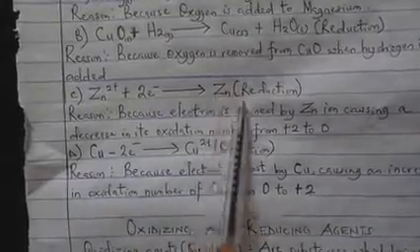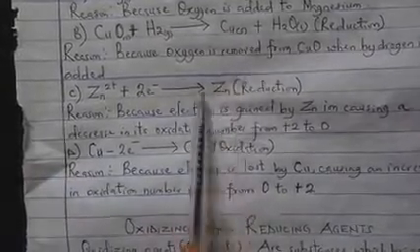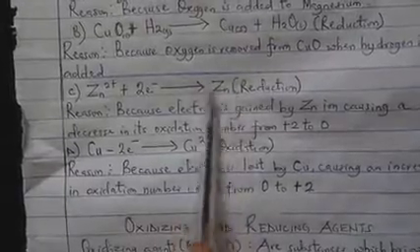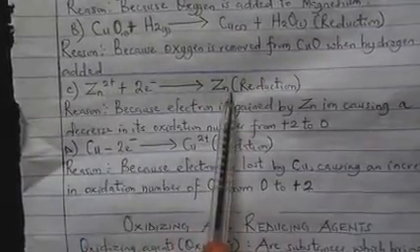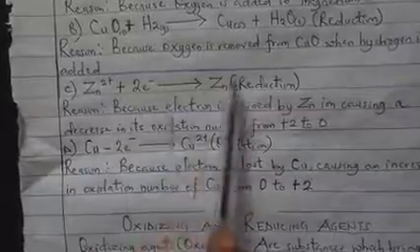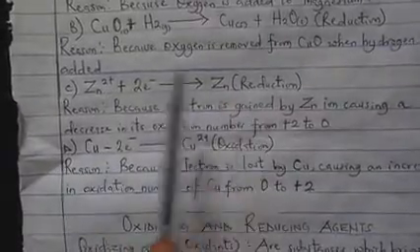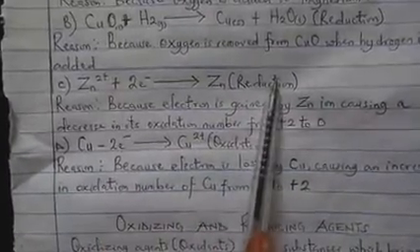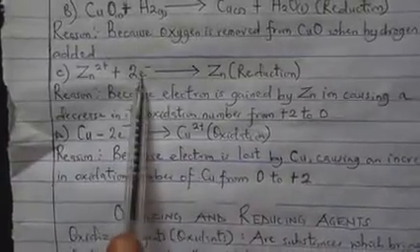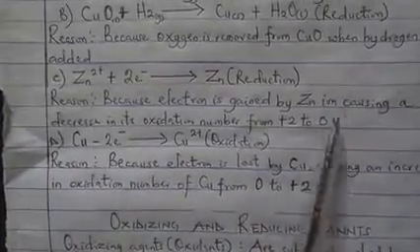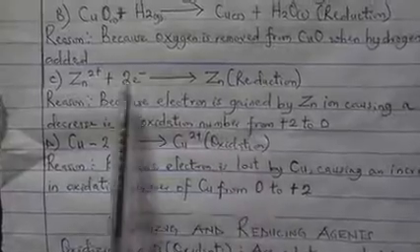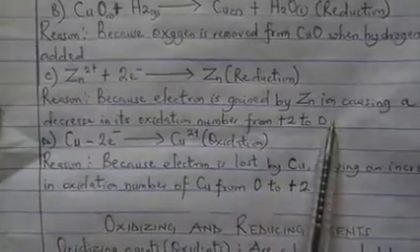This element in its free state, we normally assign oxidation number of 0. That means from +2 to 0. That is decrease in valency, and when there is decrease in valency, it's going to be a reduction. That means electron is gained by zinc ion, causing a decrease in its oxidation number from +2 to 0.